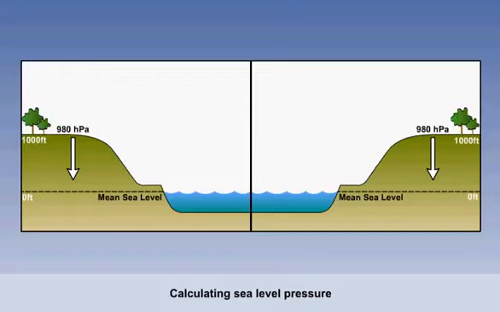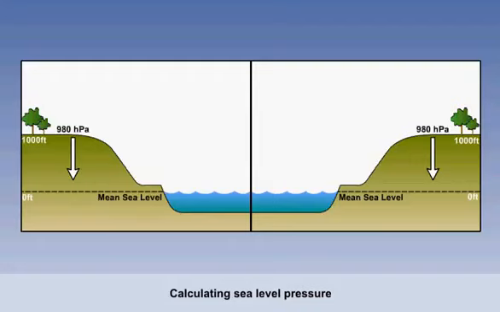Looking at the diagram, we can see a location approximately 1,000 feet above mean sea level. How do we then calculate what the sea level pressure might be? We know that the sea level pressure will be higher, but by how much? This will surely depend on the vertical pressure lapse rate.